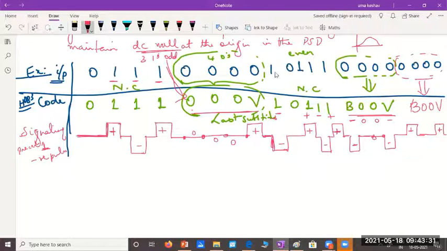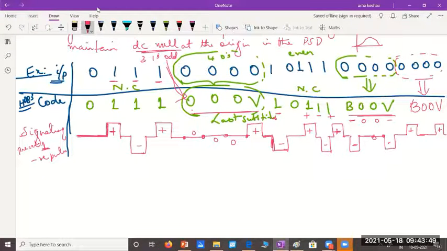If there were an even number of ones, 1, 2, 3, 4, after the last substitution, I'll replace the 4 zeros with the binary pattern B00V. Now, I have taken care of where I should use 000V and where I should use B00V.